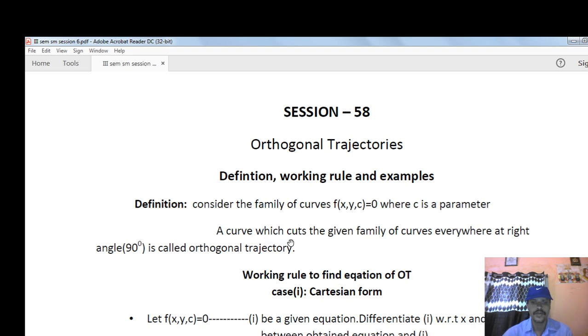A curve which cuts each curve of this family of curves everywhere at right angle is called orthogonal trajectory. It is very hard to find orthogonal trajectory for the given family of curves by drawing a graph. Fortunately, we have a rule to find the equation of OT, equation of orthogonal trajectory, for the given family of curves.